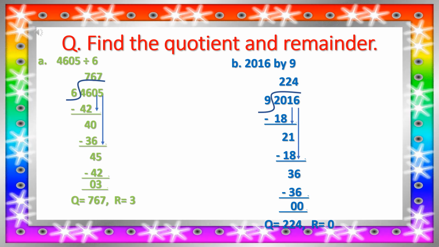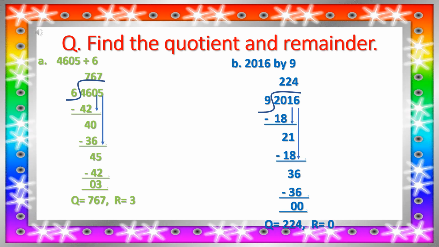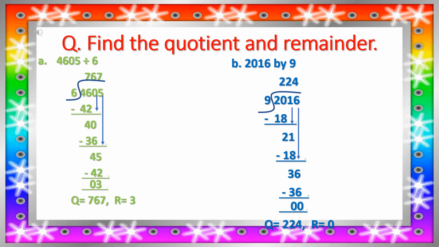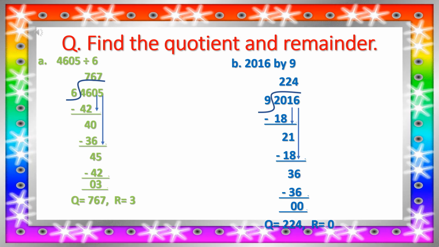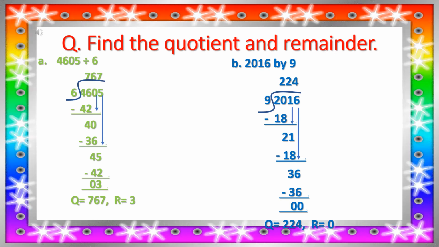Children, next question is find the quotient and remainder. And for this we will take 2 examples. First is 4605 divided by 6. Now we will arrange the numbers as shown and we will start division as 6 and 4 cannot be divided. 4 cannot be divided by 6.